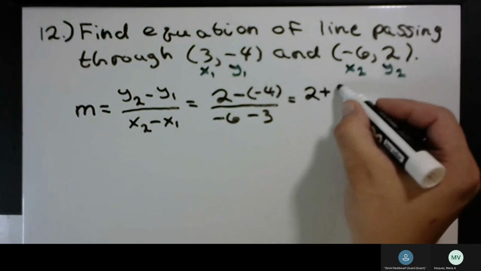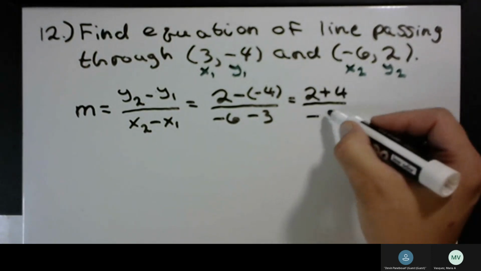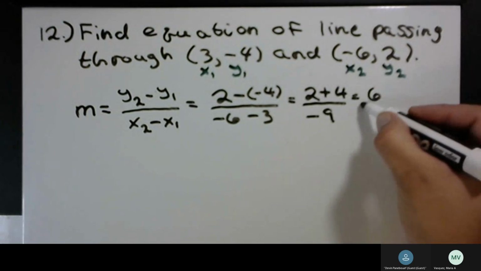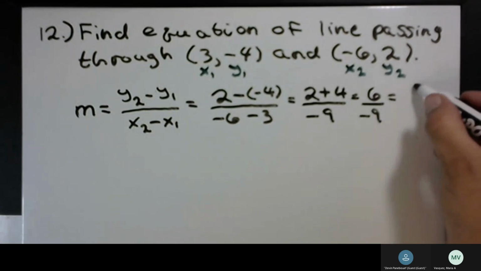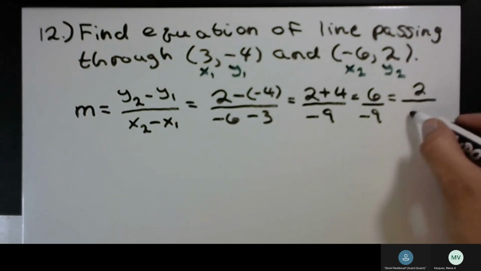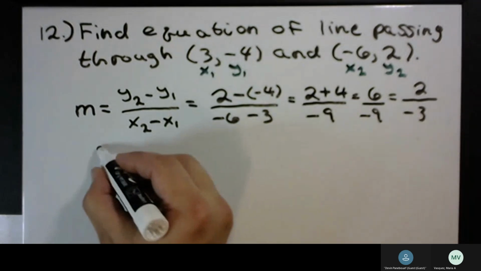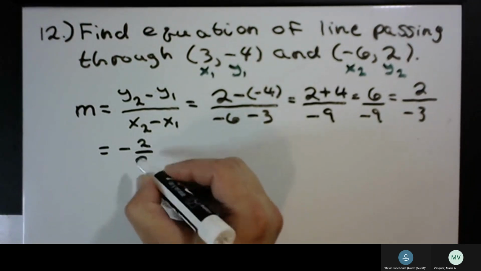Get 2 plus 4. This will be minus 9. So you get 6 over minus 9. This reduces to 2 over minus 3. And again, we write this as -2/3 like this.